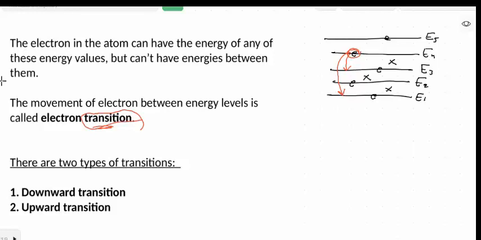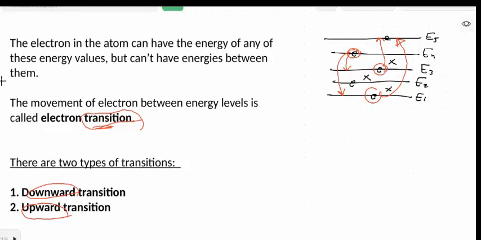The electron may jump down, and at the same time it can jump upward, from lower to higher energy. So I have two types of electron transition: either downward or upward.